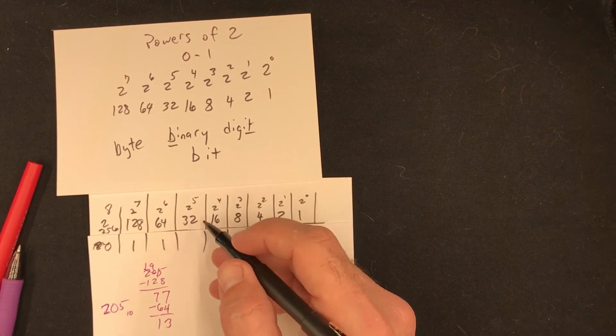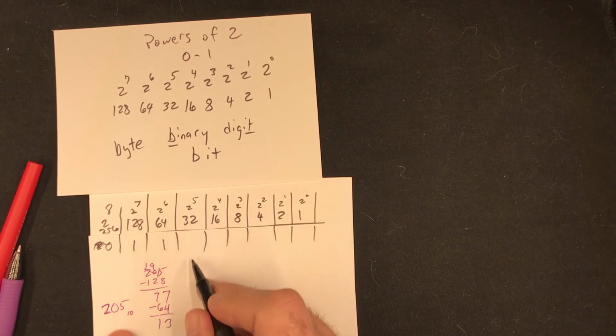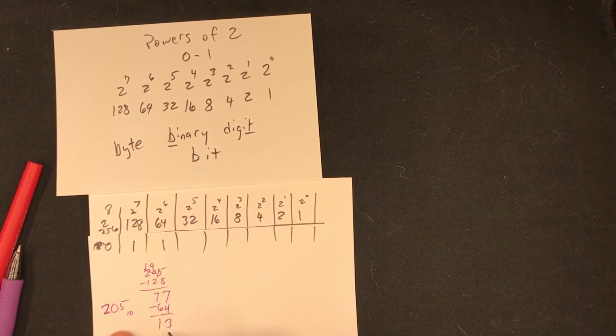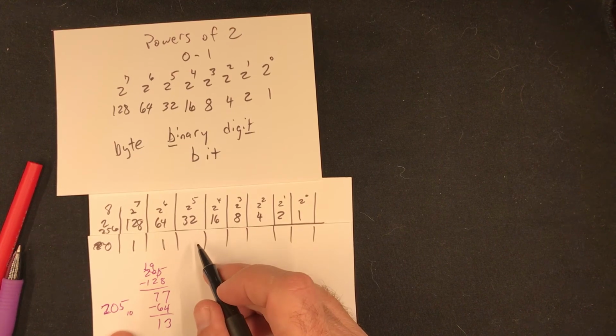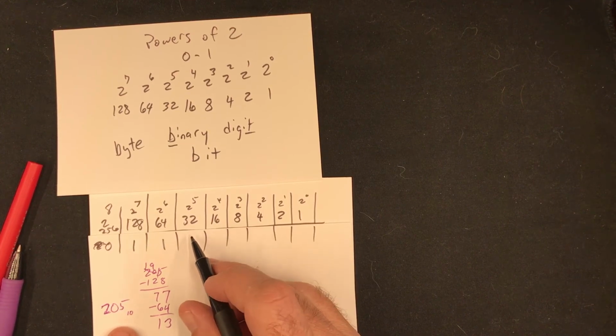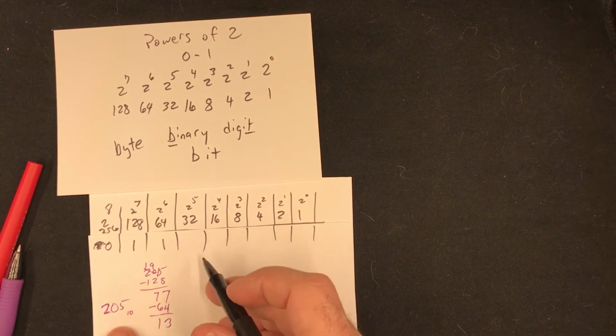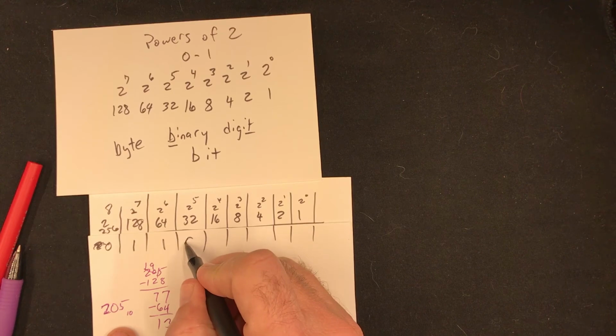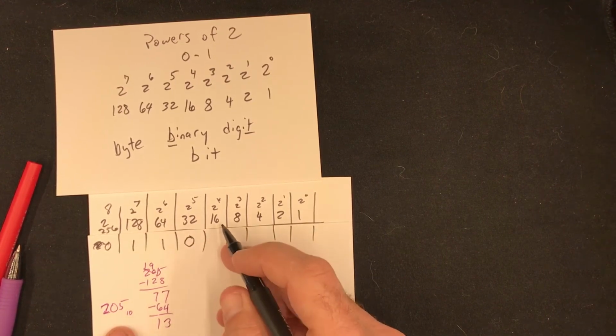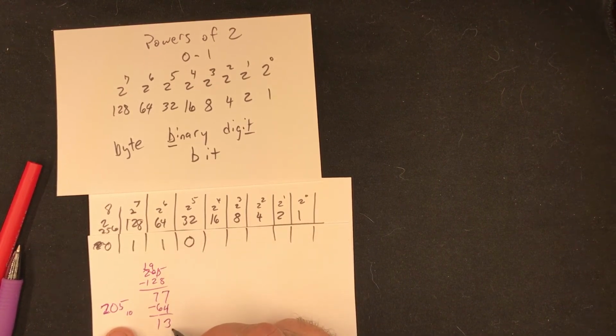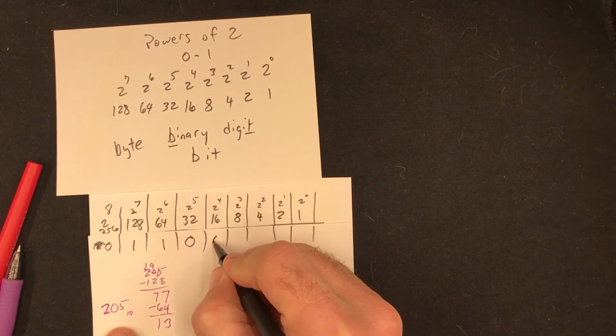All right. Now, does 32 fit in what is left? 13? No. The old Price is Right thing. It goes over. It's too large to fit into the remainder here. So we put a 0 there. 32 is not needed. 16, it's too large to fit into 13. We don't need that either.